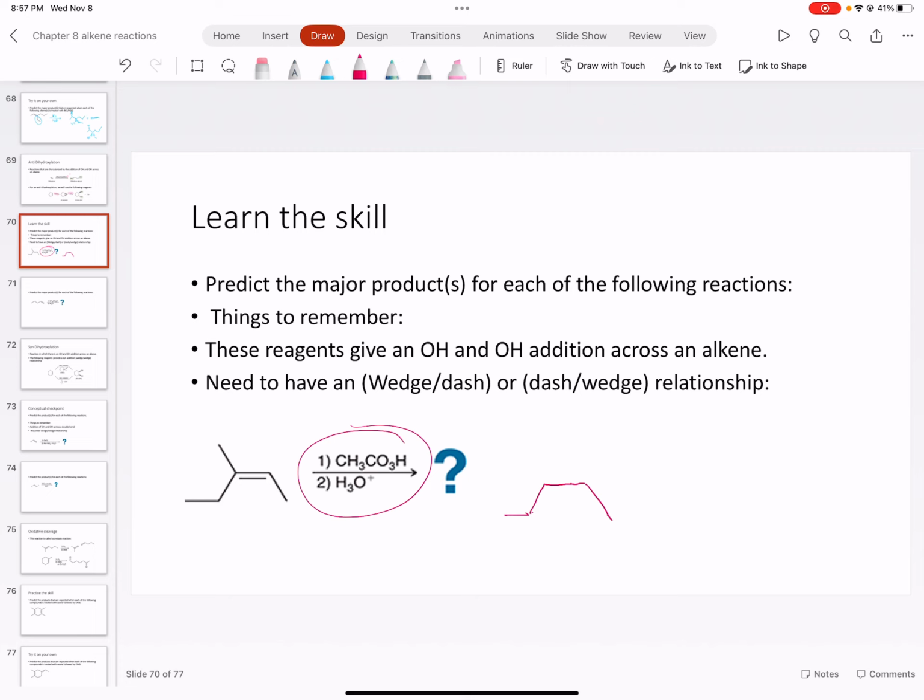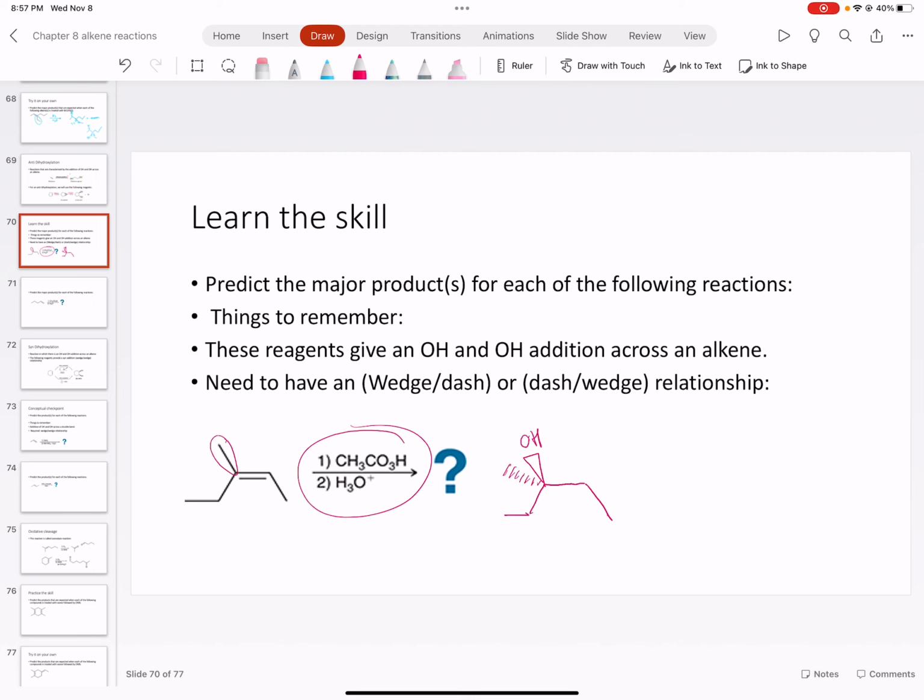For example, in this one, you can visually see that we're going to be creating chiral centers, right? So for example, on this side, I'm going to put this one on a dash. Therefore, my OH is going to be on a wedge.